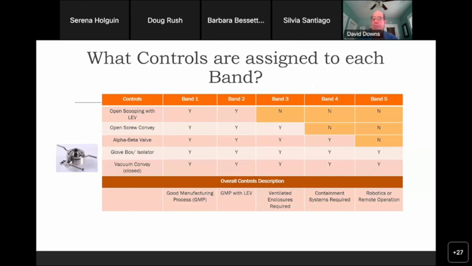When it gets up into band 4, then we really are starting to talk about systems that completely contain the material, and we don't really have any normal exposure to those.